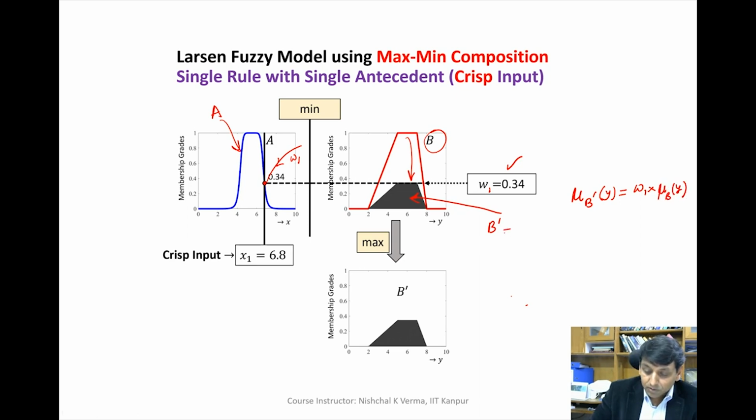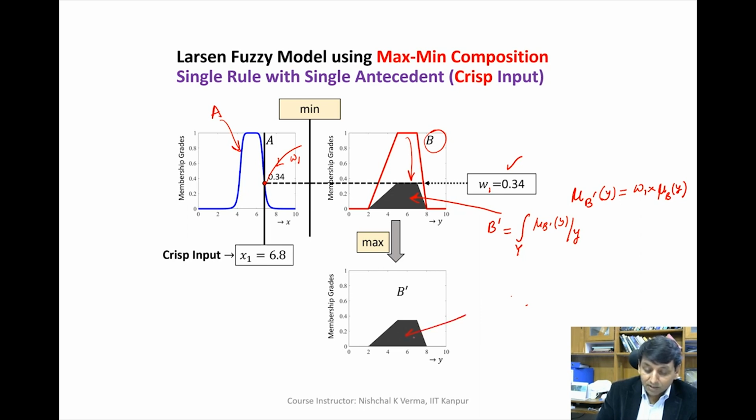So this will be capital Y and then mu B dash of small y. This is how the output will be represented. Since we have only a single rule, the max is not applicable here. Whatever is here, the output will be transferred here.